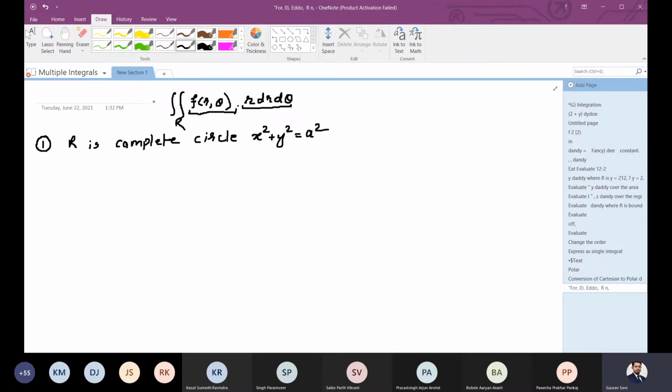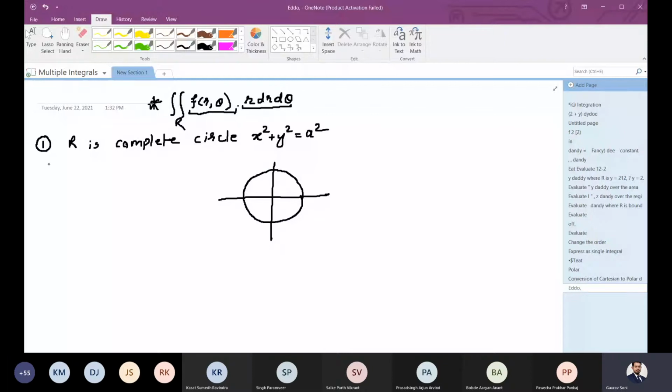Okay, so we need to evaluate this integral in each of the following regions. So the first region that I am considering is the complete circle x square plus y square equal to a square.